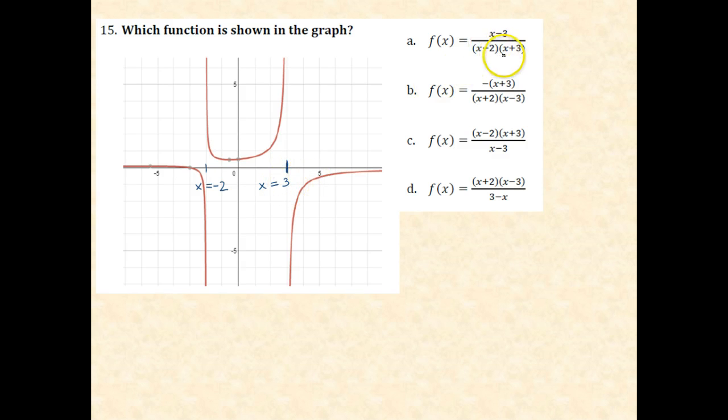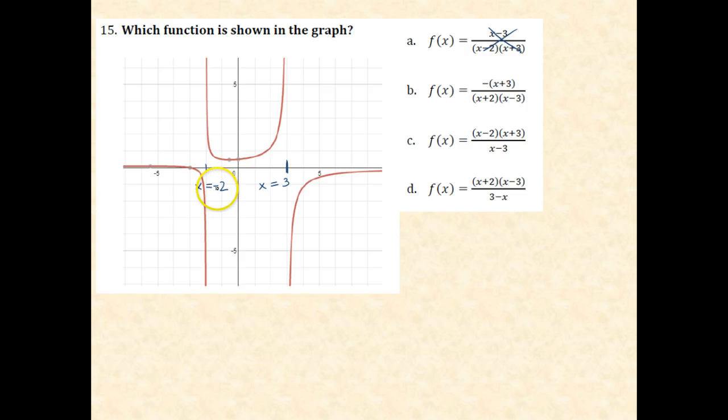So look at these. Does 3 make a 0 here? No, that makes 3 plus 3 is 6. Does 3 make a 0 here? Yeah, 3 minus 3 is 0. Here, 3 minus 3 is 0, and here, 3 minus 3 is 0. So we can cross this one off the list, because 3 doesn't make an asymptote here.